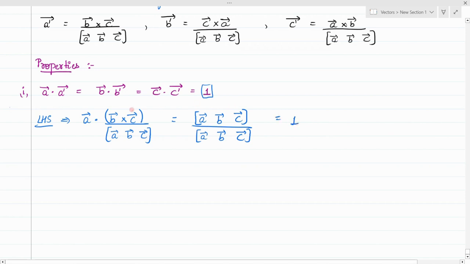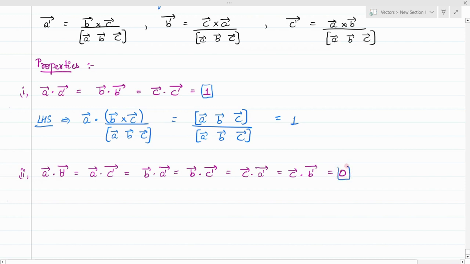Similarly, you can prove for B vector with its reciprocal and C vector multiplied with its reciprocal, the output will be 1. Now, the second property tells us that when you multiply a vector with a different reciprocal vector, the output you will get is 0. Let's take LHS as A vector multiplied with another reciprocal vector, let's take the reciprocal of B vector.